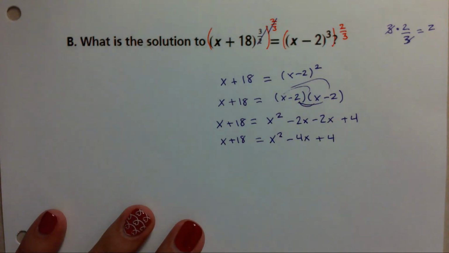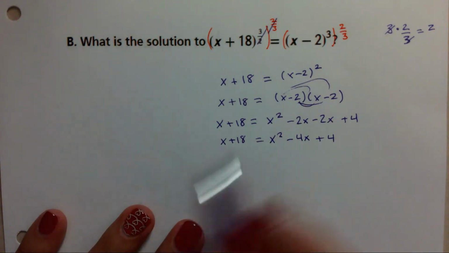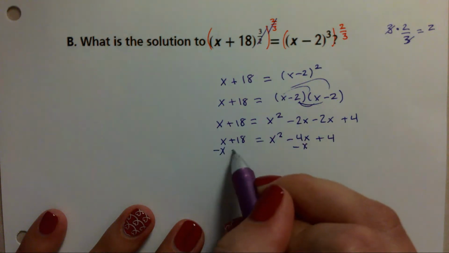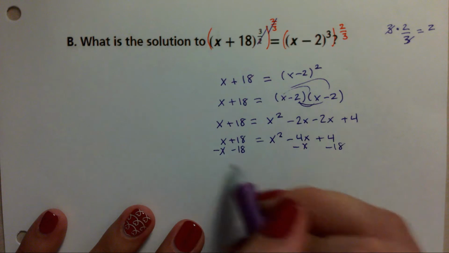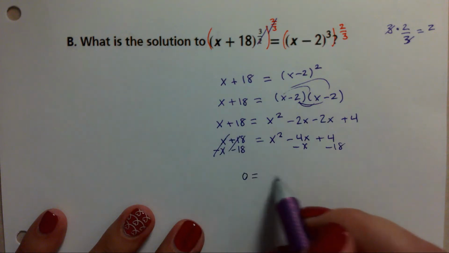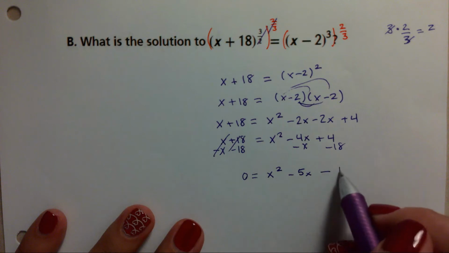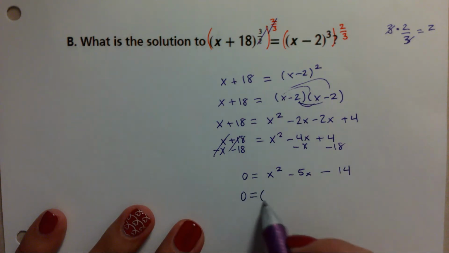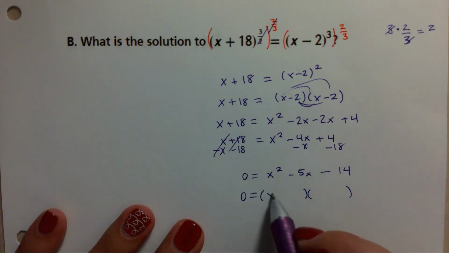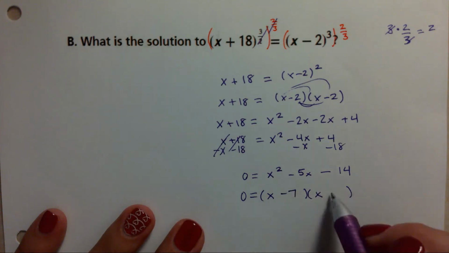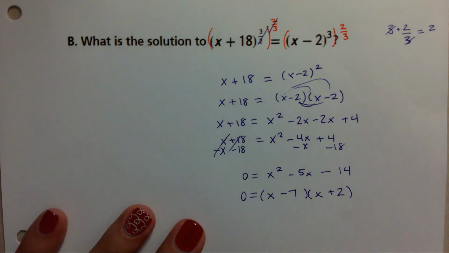I'm going to move everything over to the right because I want my quadratic term to stay positive. So subtract x and 18. And I get 0 equals x squared minus 5x minus 14. Factors of negative 14 that add up to negative 5 are negative 7 and positive 2. So I get x equals 7 and negative 2.